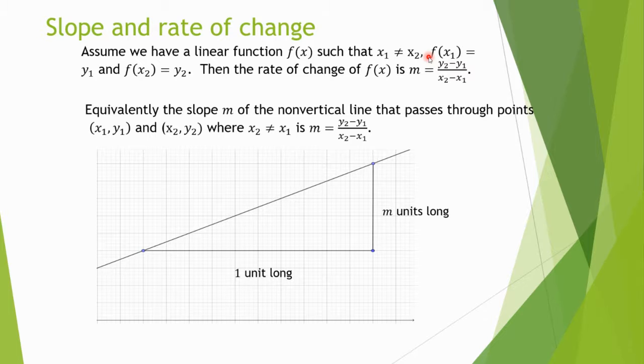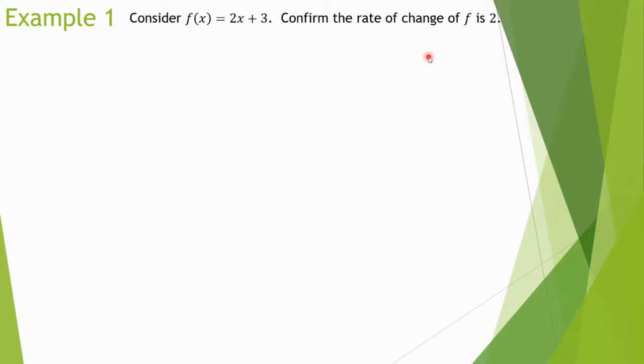You might have seen that when they first introduced the slope of a line. I think they might call it rise over run, but either way, this is what we have over here.